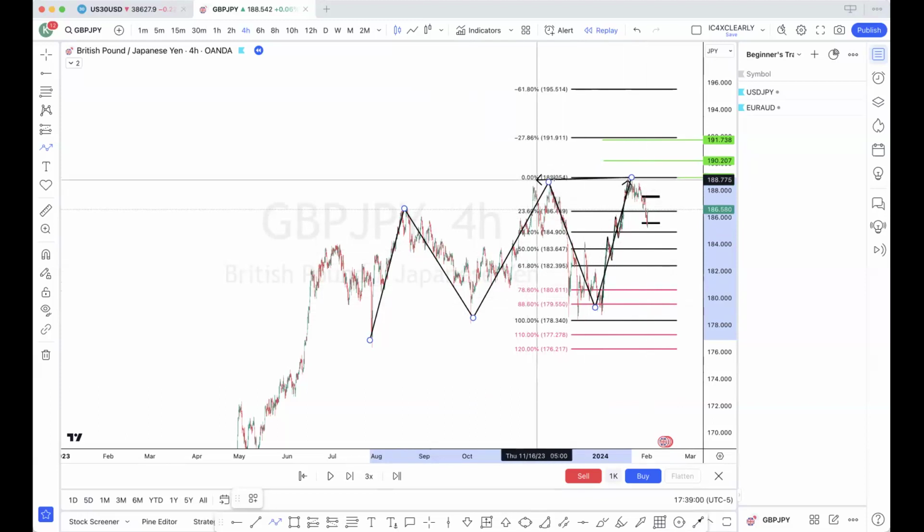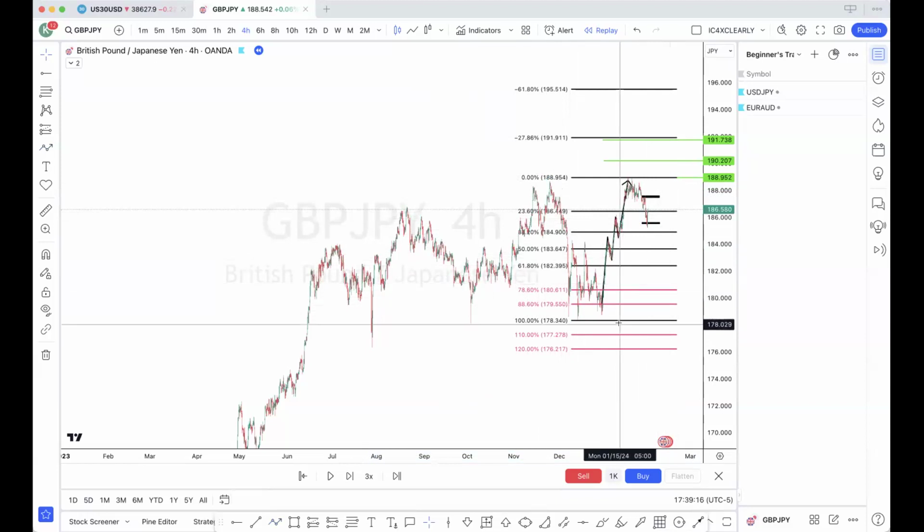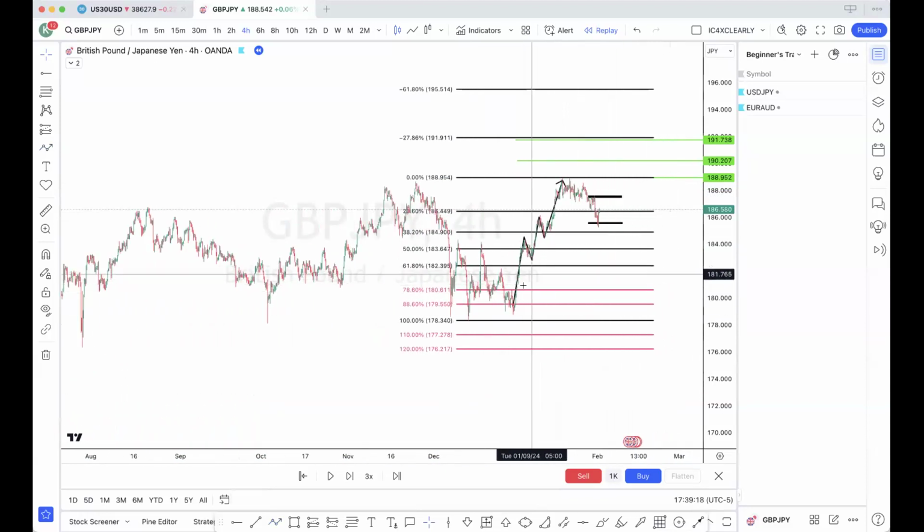So because these are equal highs, we don't know what price is going to do unless it breaks this low. If it breaks this low, then I'll look for the pullback to at least sell down to our 78.